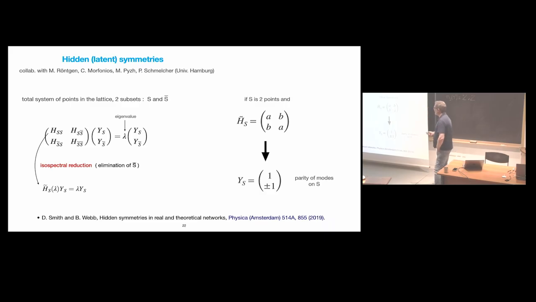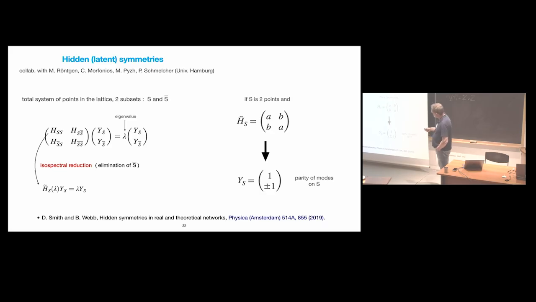Now, we can always do that. It can be very complicated, but if S is 2 points, it is a little bit more feasible. Then, if we are able to produce a reduced Hamiltonian, called HS tilde, in the form ABBA, the work is to, in fact, since this reduced Hamiltonian is symmetric, we always have B off diagonal.